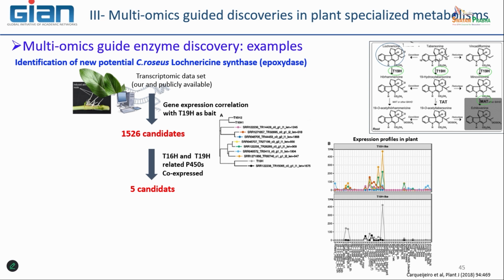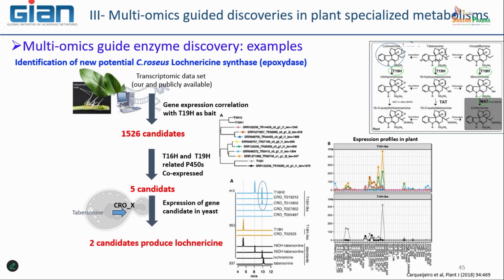Among these, only 5 are co-expressed with both of the 2 hydroxylases. And these candidates have been tested in yeast, because we implemented them directly, alone this time, in the yeast. When we feed the yeast with tabersonine, we are only able to produce lochnericine in two clones, in 2 candidates.